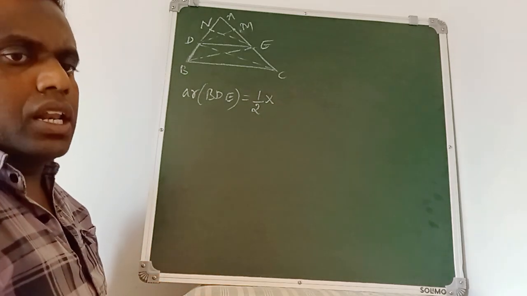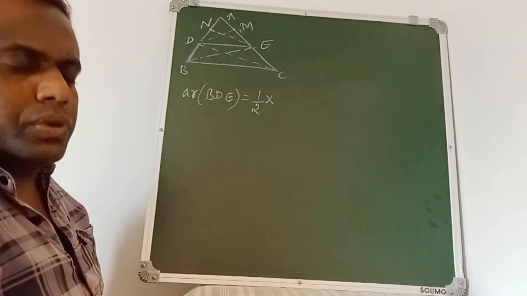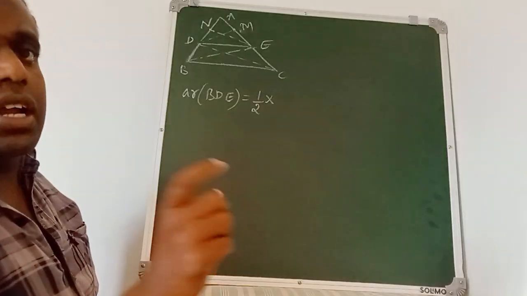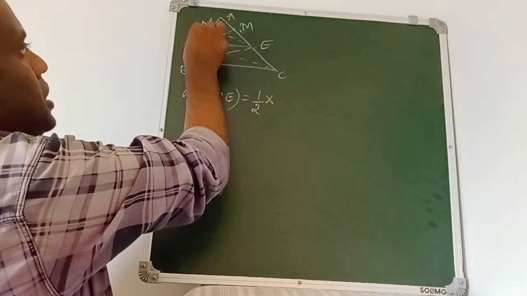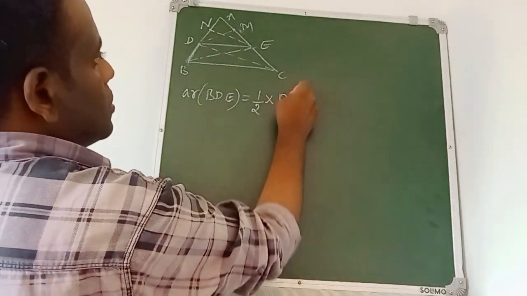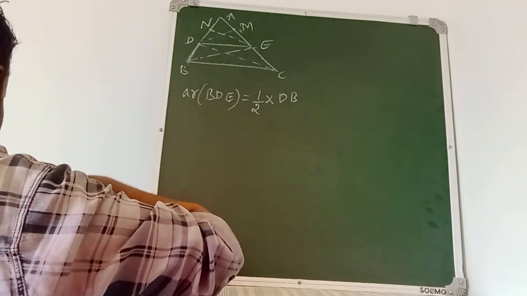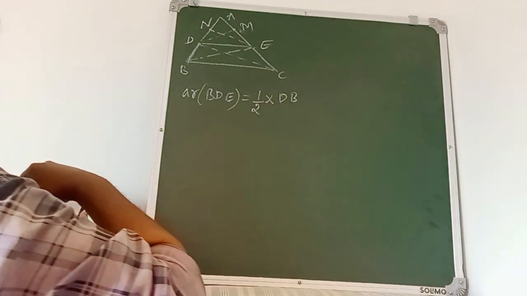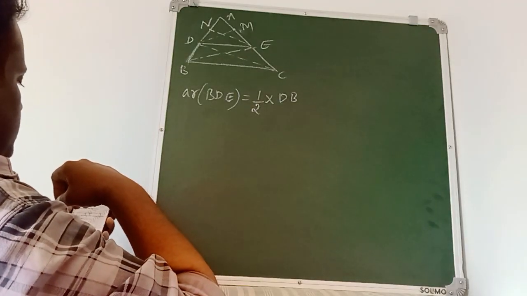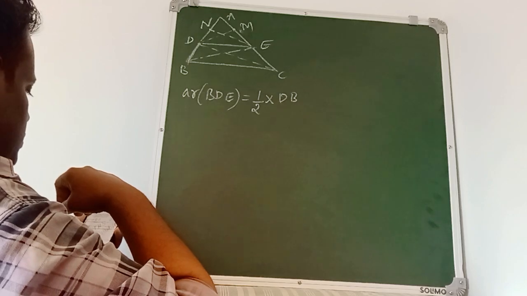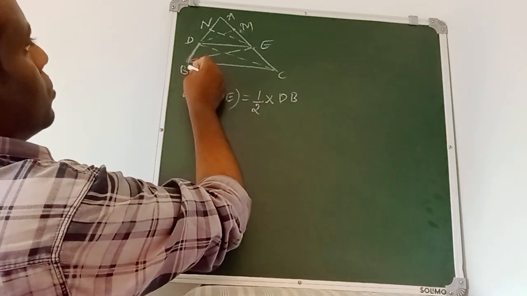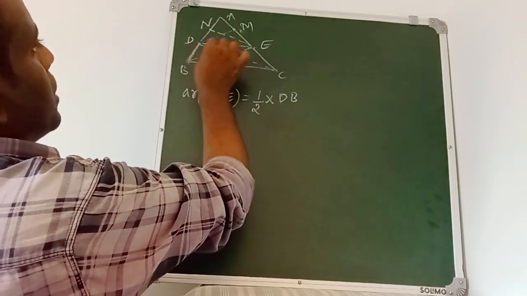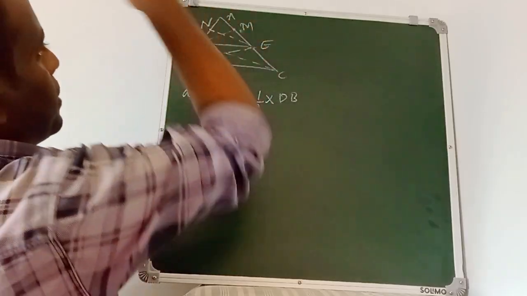For any triangle with different sides, we can take any side as the base, depending on the situation or the problem. Now I will take this DB as the base. Then, BD, and then height will be what? So we have considered this triangle, so which is the height?